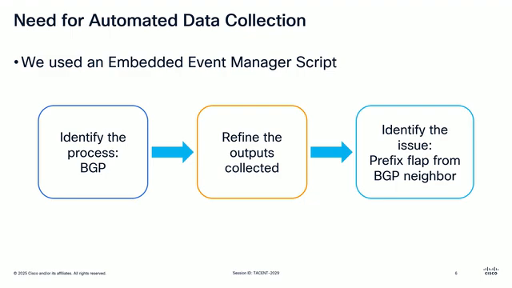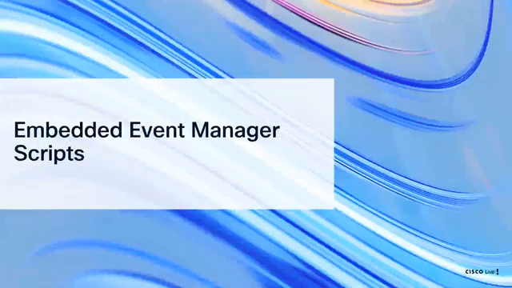We were able to trigger on that high CPU, collect outputs related to high CPU, and we were able to identify that the high process was BGP. Then, knowing that, we were able to refine the outputs we were collecting with this script. And during the next event, we got more information, and we were able to isolate the problem to routes being added and removed to the routing information base due to a neighbor flap further down the network. My colleague Arturo will tell you more about the EEM scripts.